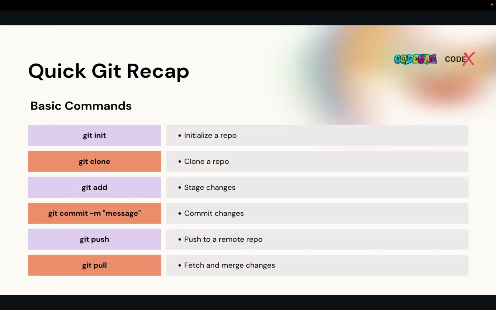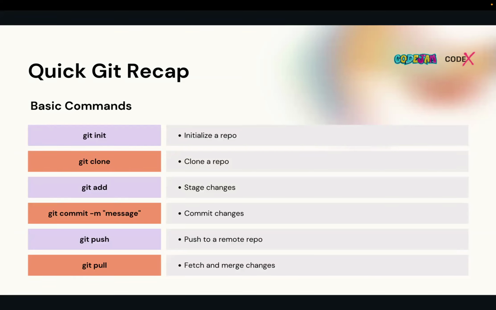We use the git clone command for that. Then we have git add. After implementing changes, we use git add to put them into the stage before committing them into the repository.